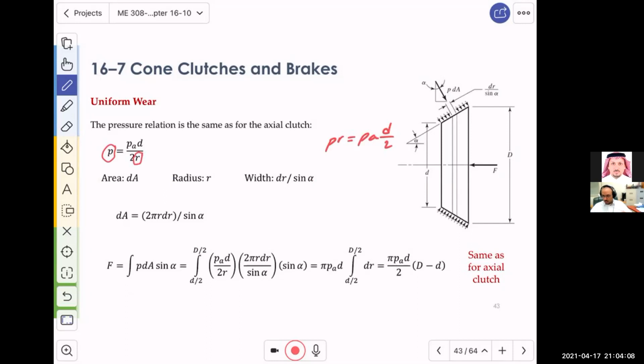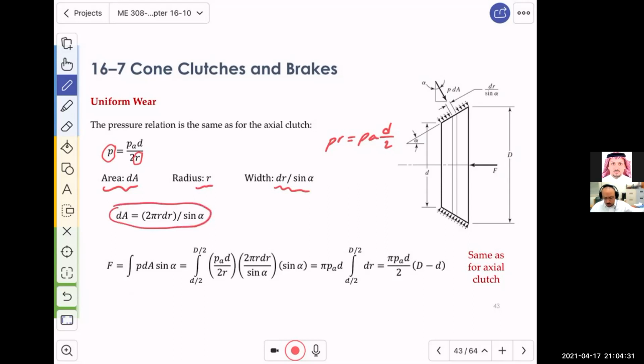Of course, I am trying to point out that because this is an inclined surface, we have a differential area dA, a radius r, and a width for this differential area, which is dr over sine alpha. So the area itself, dA, is expressed as this.